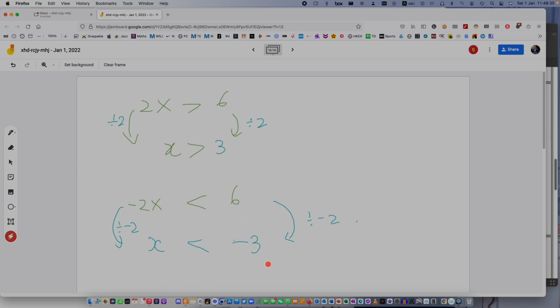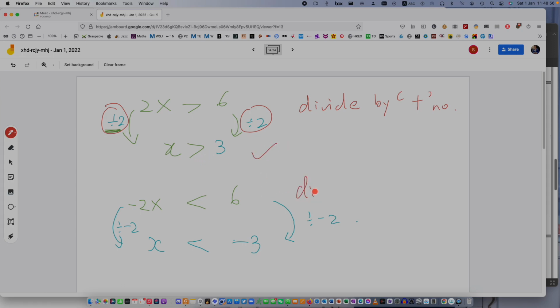Okay, remember, over here, you divide by a positive number, right? When you divide by a positive number, this is correct.